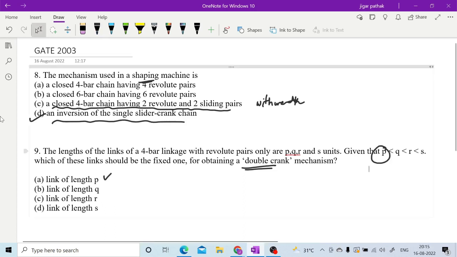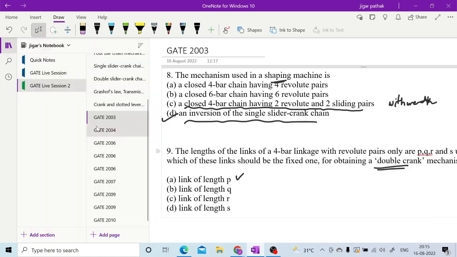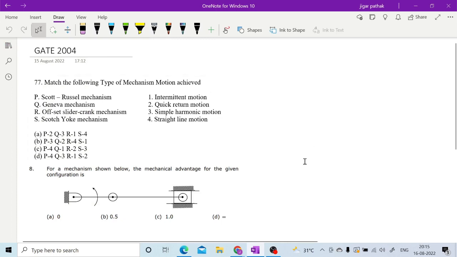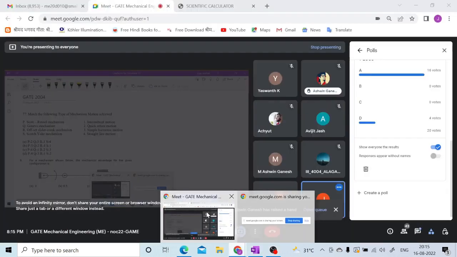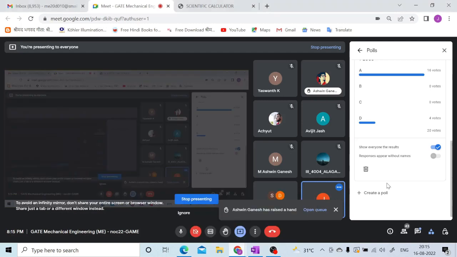Now let us go to the next one, that is GATE 2004. I'm generating a poll for that also. Please be quick now and please don't ask any other questions regarding the videos or materials; we'll discuss that at the end. Now we'll start with the questions. Please try to answer these questions.